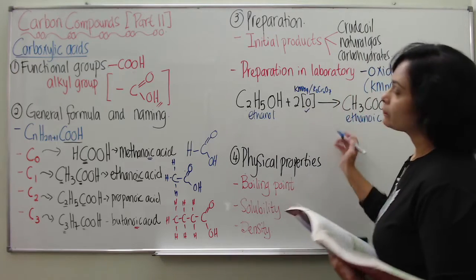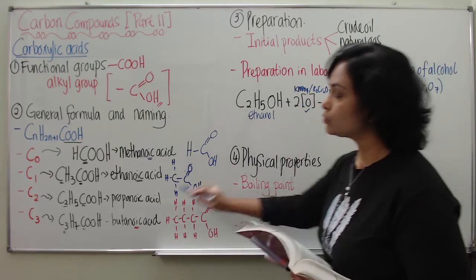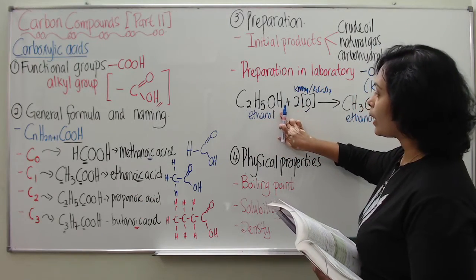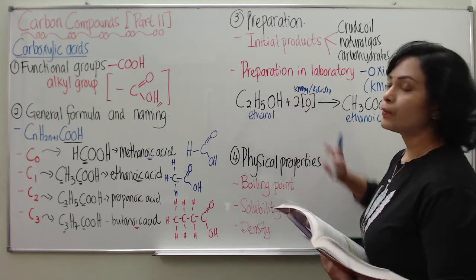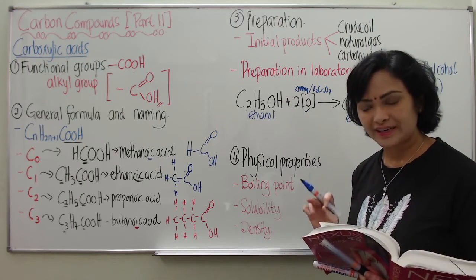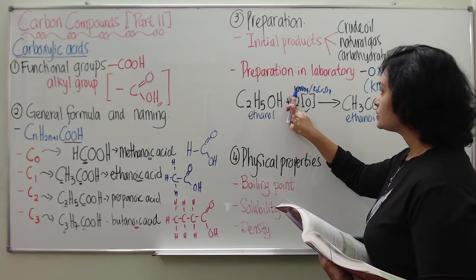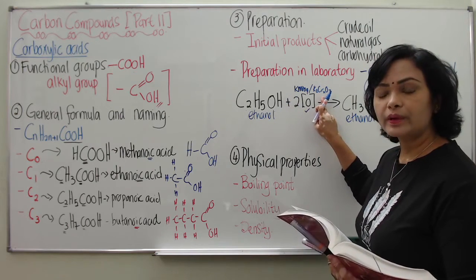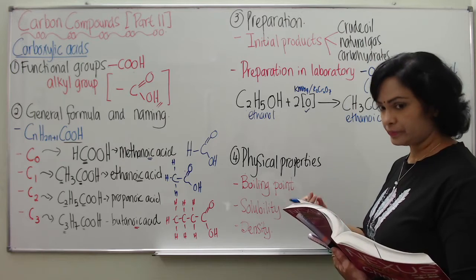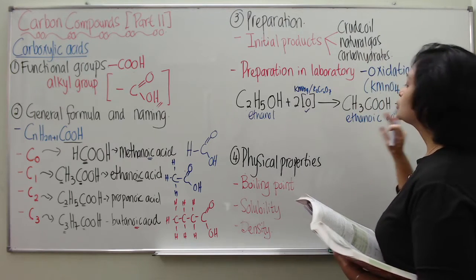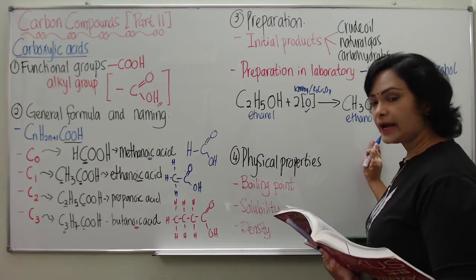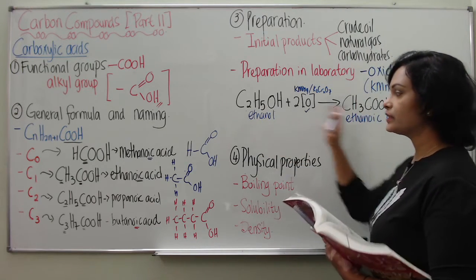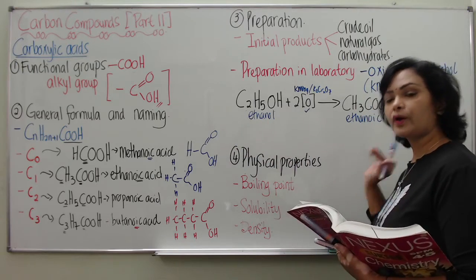So please remember, if students want to produce propanoic acid, students can use propanol with the help of two major oxidizing agents, acidified potassium manganate(VII) or potassium dichromate(VI), to produce propanoic acid. So can you see the pattern? Ethanol produces ethanoic acid, propanol will produce propanoic acid.